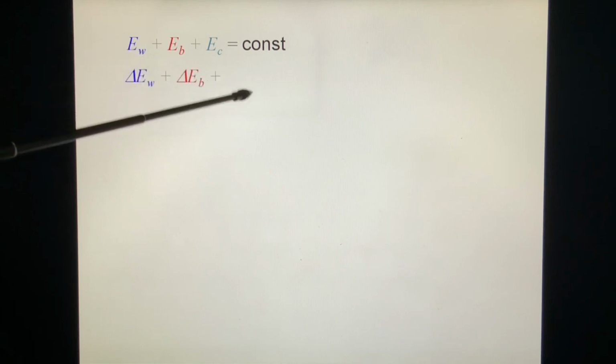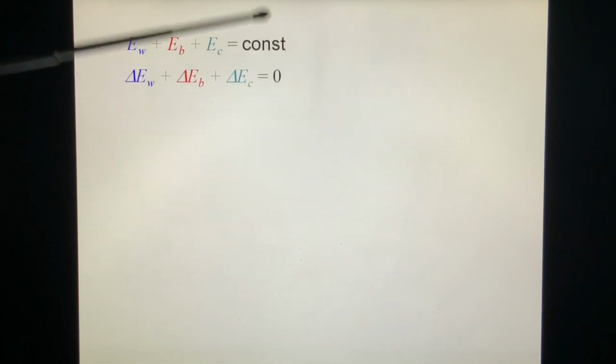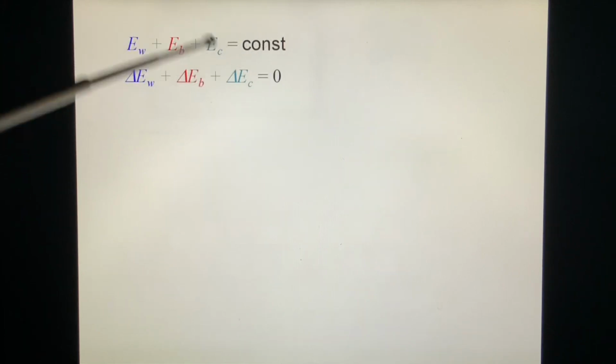We see that the water, beaker, and the slug, the copper, all have energy. Put together, it is constant before, and during the heating they have a change. But the total change is 0. What does it mean? We take the change on both sides.